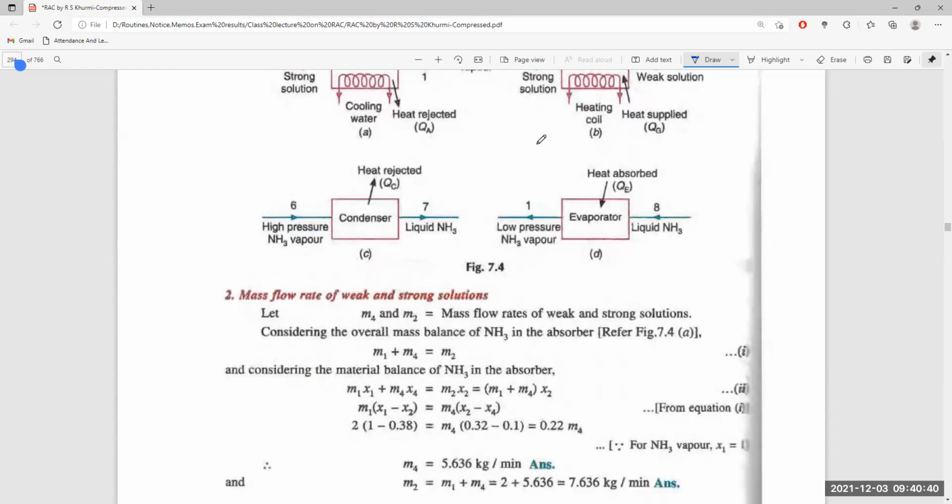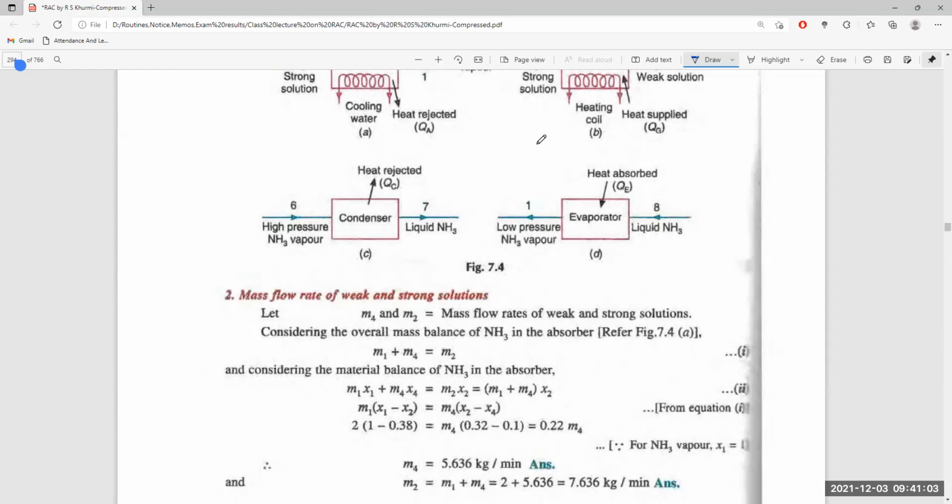Consider the mass balance of NH3 in the absorber, then we have M1 X1 plus M4 X4 equals M2 X2, that is M1 plus M4 into X2. Or M1 multiplied by X1 minus X2 equals M4 multiplied by X2 minus X4.